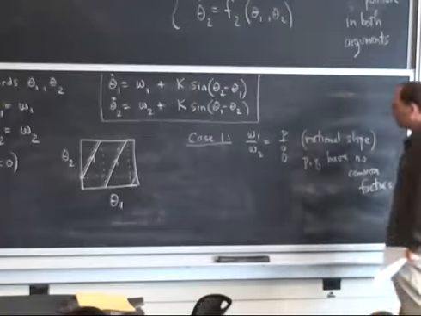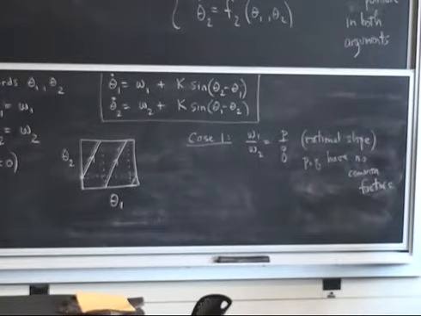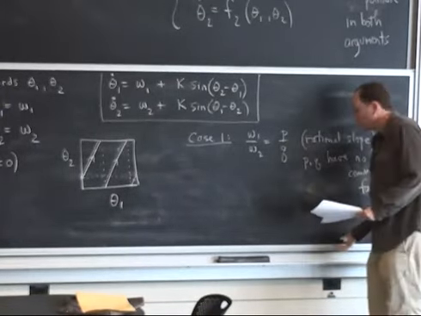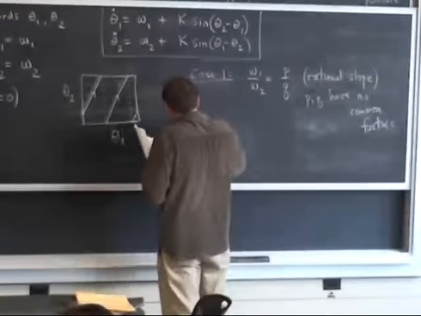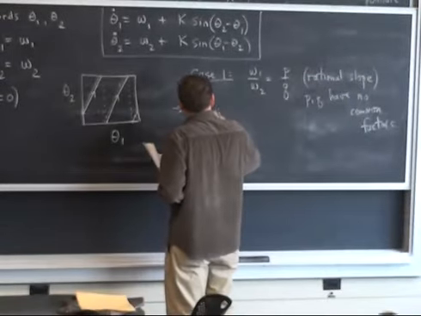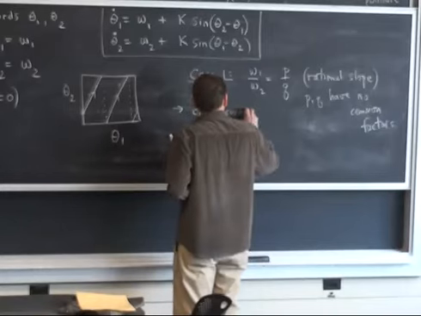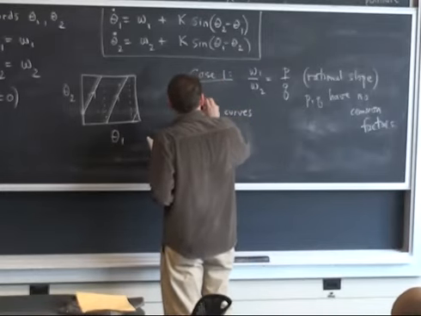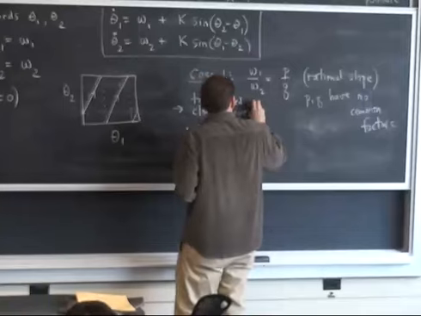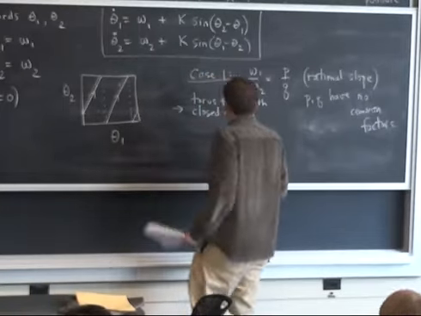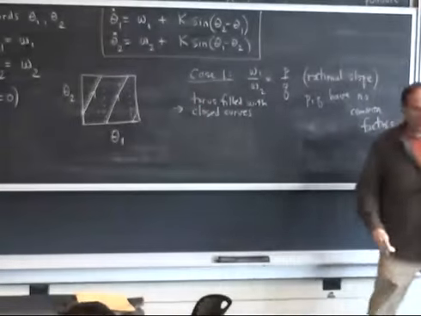So they're relatively prime. Then this will cause a closed curve to appear on the torus from any initial condition, actually. So the torus would be filled with closed curves. Closed, that is to say, periodic orbits.